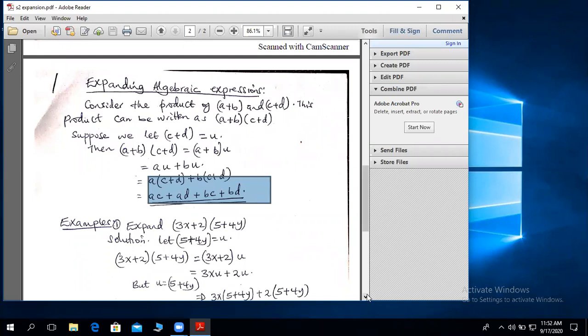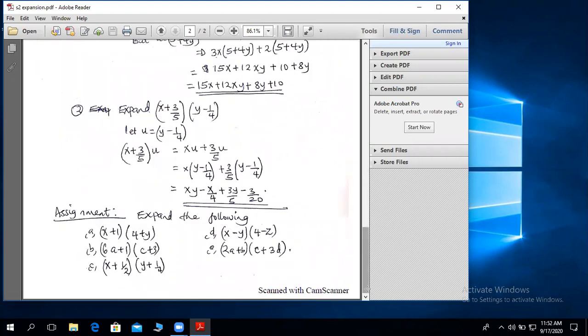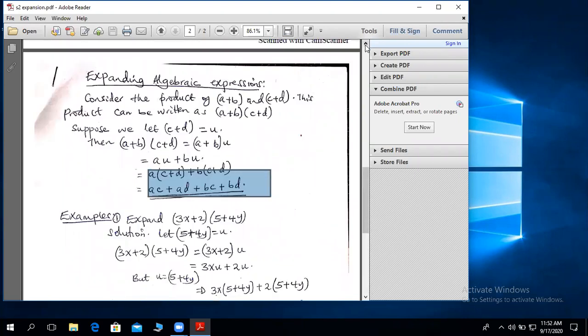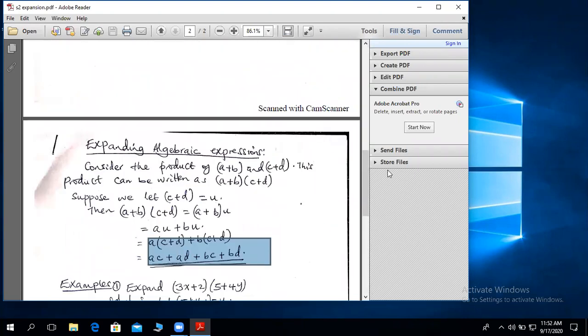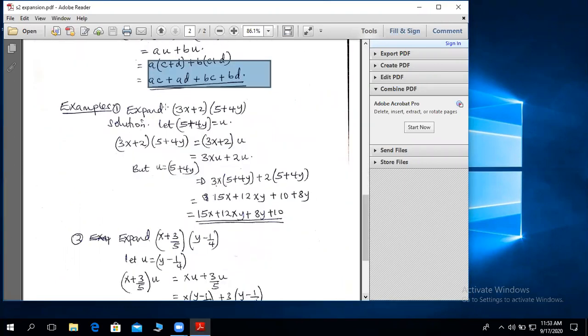We can go to the first example here. Our first example is 3x plus 2 into 5 plus 4y.